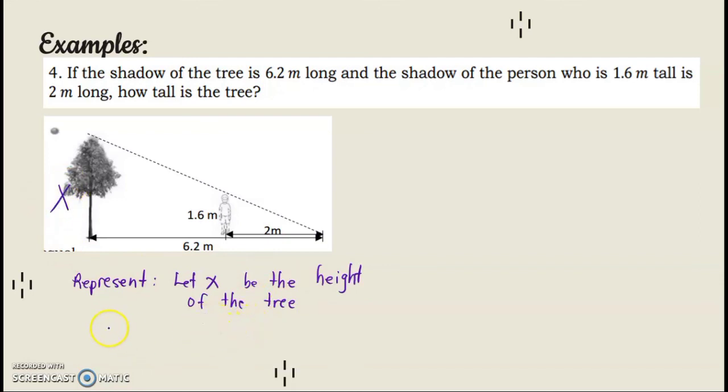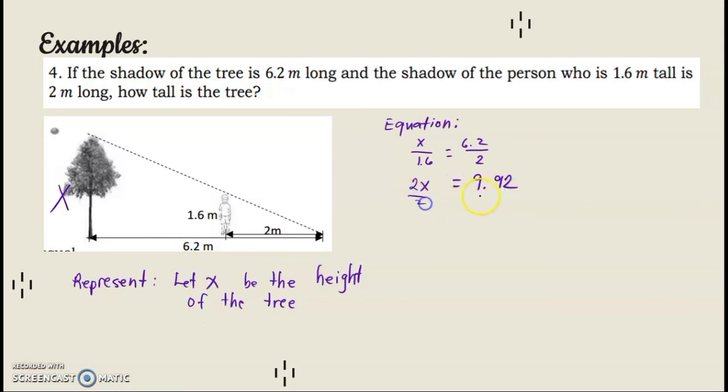So pwede tayong gumawa ng equation. Lagay ko na lang dito. So ang equation natin is x over 1.6 is equal to 6.2 over 2. So we have 2x, cross multiply nyo lang, equals 9.92.